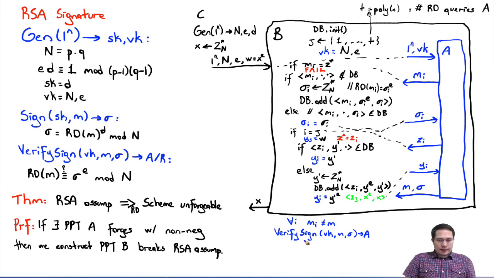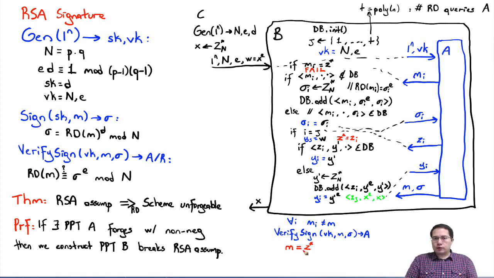If these are the case, then the adversary A wins. If in addition to these, m is indeed equal to z star, note that this is not a condition for adversary A to win. This is an extra condition we are imposing.